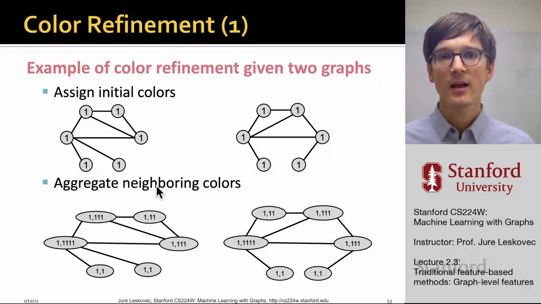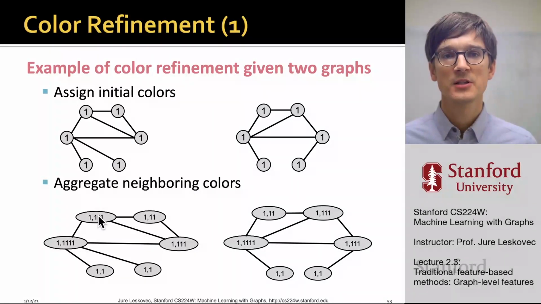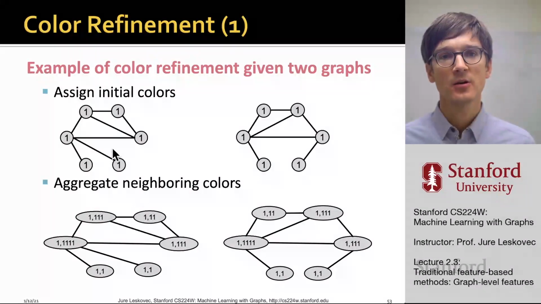Now we are going to aggregate neighboring colors. For example, this particular node aggregates colors 1, 1, 1 and adds it to itself, while this particular node up here aggregates colors from its neighbors 1 and 1 and itself. And the same process happens in this second graph as well.